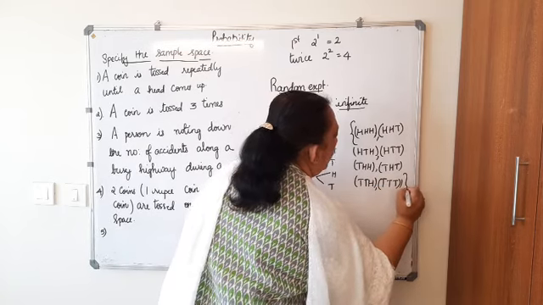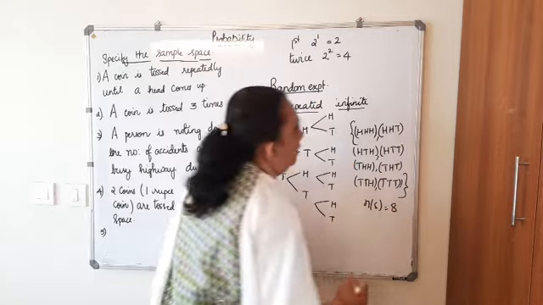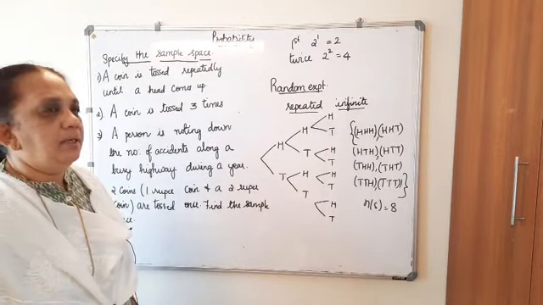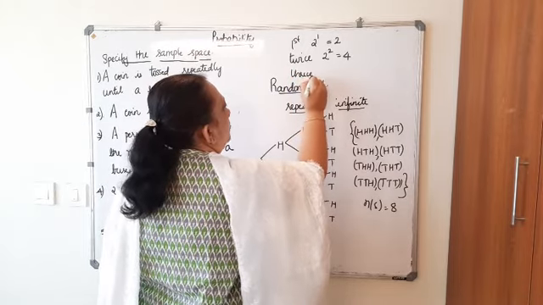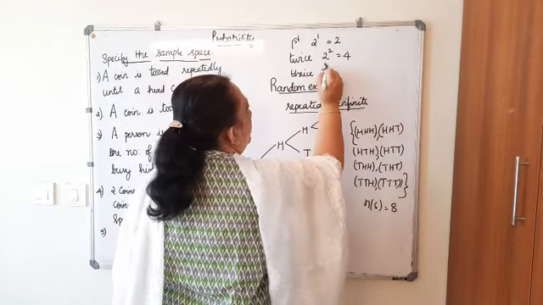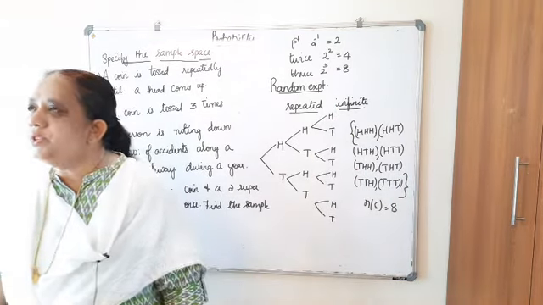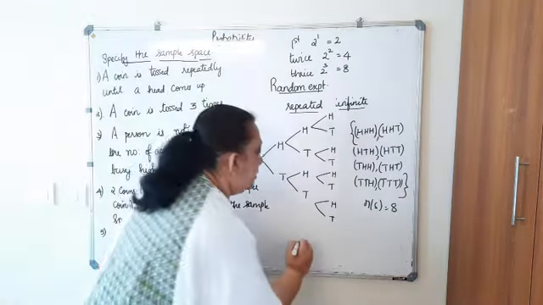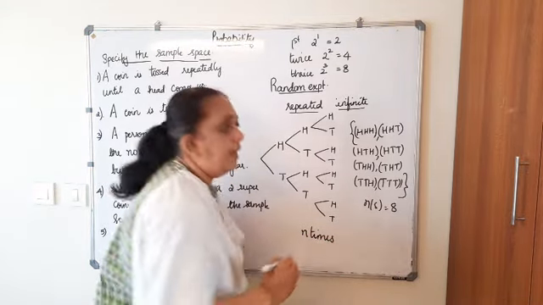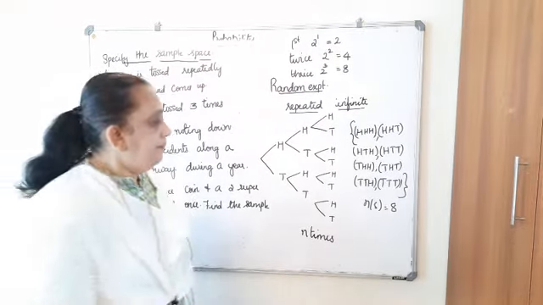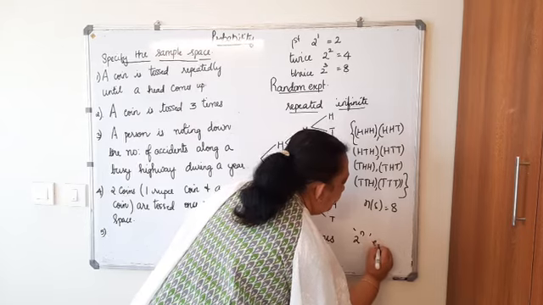That means the number of elements in S is equal to 8. Therefore, when a coin is tossed thrice, or 3 coins are tossed, it will be 2 raised to 3, which is 8. So, if a coin is tossed n times, the sample space consists of 2 raised to n elements.